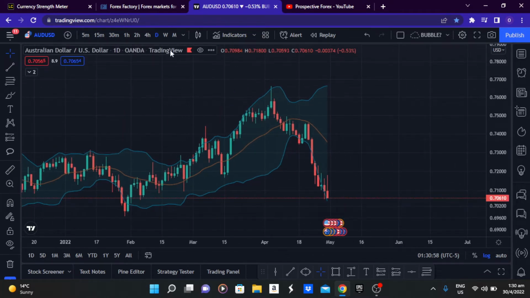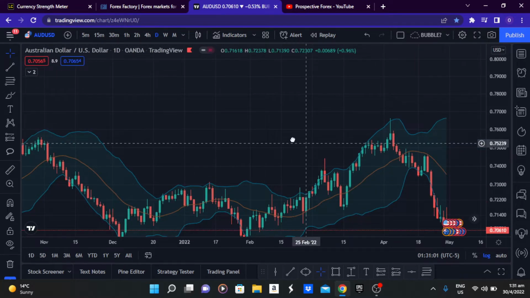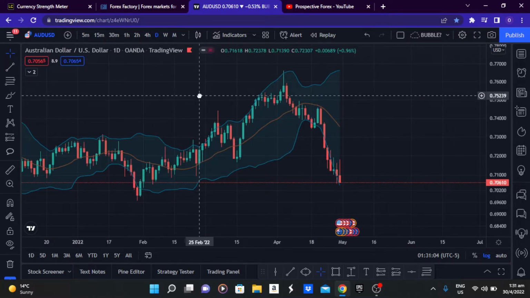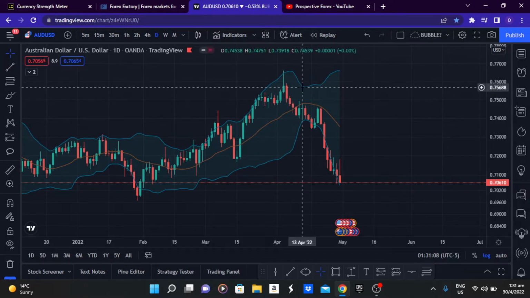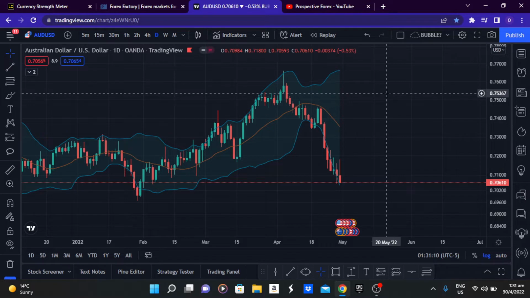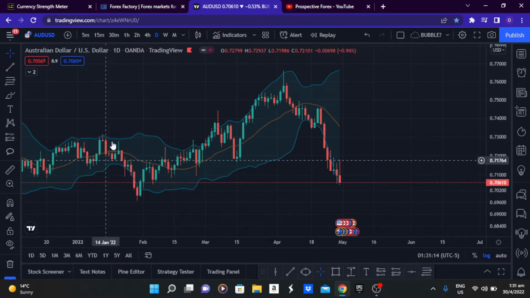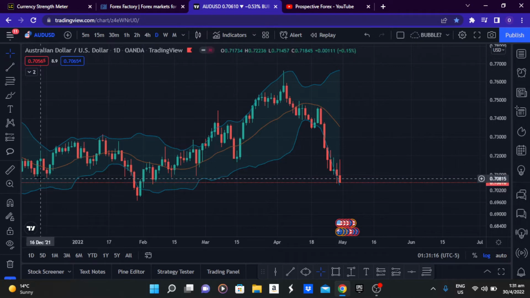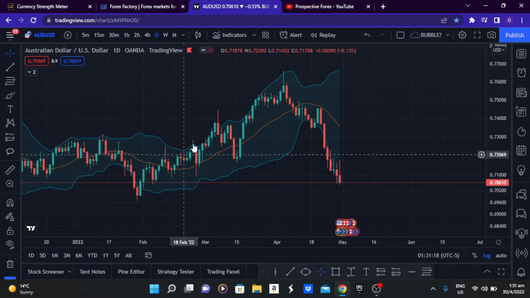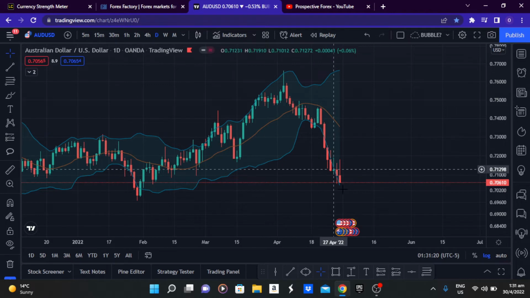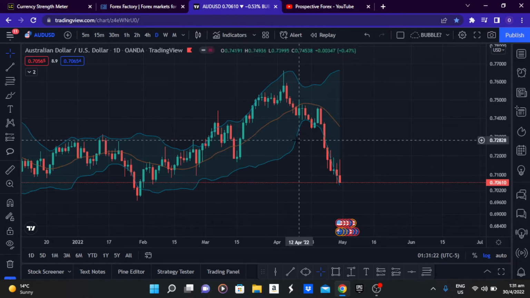So first, before I start taking any trades, I would do a quick summary of the information that I'm seeing here on the chart. It's basically all these candlestick patterns and how they retrace or move between the Bollinger Bands.